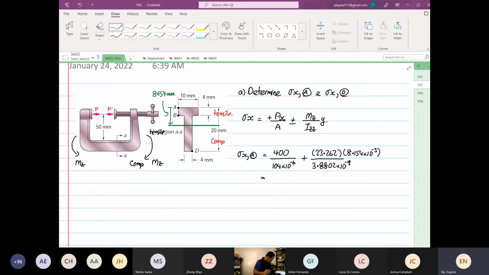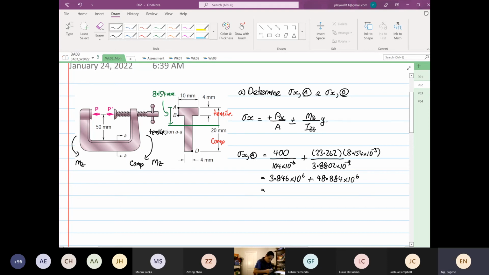So the normal stress is 3.846 times 10 to the power 6 plus 23.262 times 8.154 times 10 to the power minus 3 over 3.8802 times 10 to the power minus 9, which is 48.884 times 10 to the power 6.